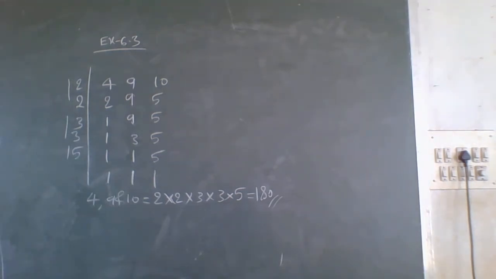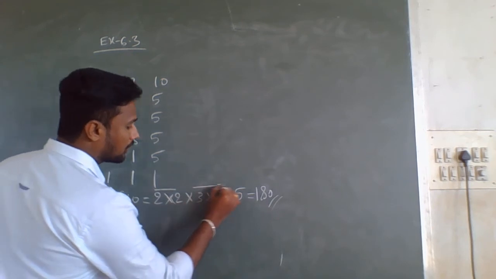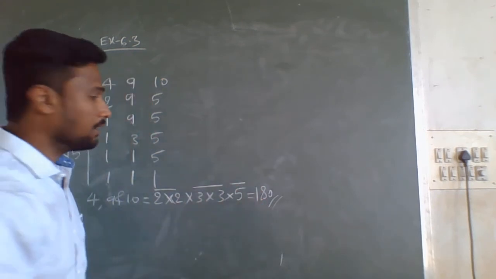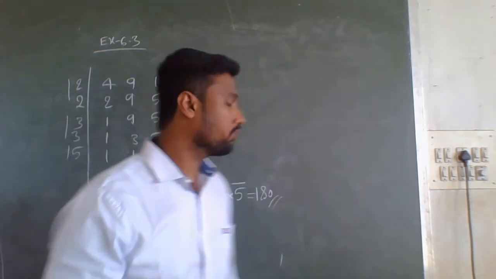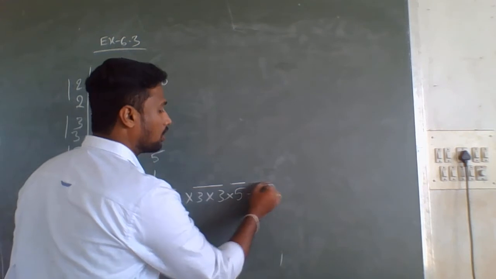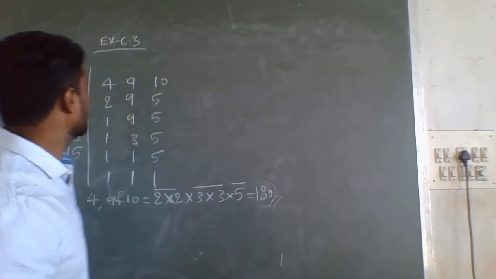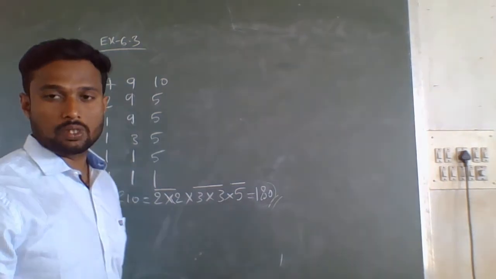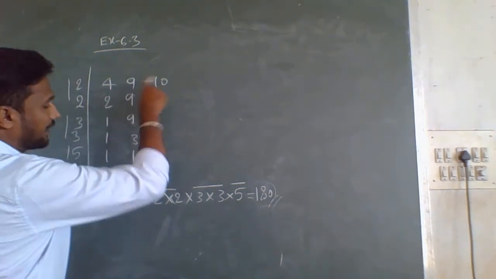180. But here you can see that there is a pair of 2's, a pair of 3's, but only one 5. So you can say that this 180 is not a perfect square number. Listen carefully. This 180 is not a perfect square number. What they are asking here is to calculate the smallest square number which is divisible by 4, 9, 10.